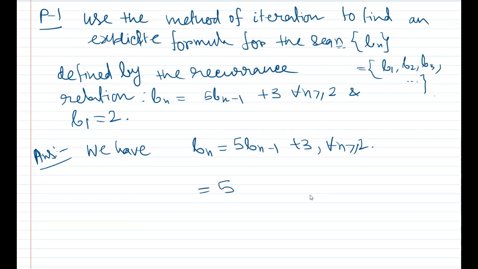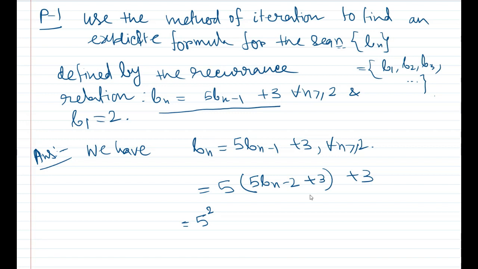So just we have to put bn minus 2 plus 3 plus 3, because since bn is satisfying this relation, for all n greater or equals to 2 in this sequence, all terms are satisfying this special relation. In the next line we put bn minus 2 in terms of bn minus 3, and then the value of bn minus 3 in terms of bn minus 4, and so on. This process is called the iterative process, or the method of iteration.